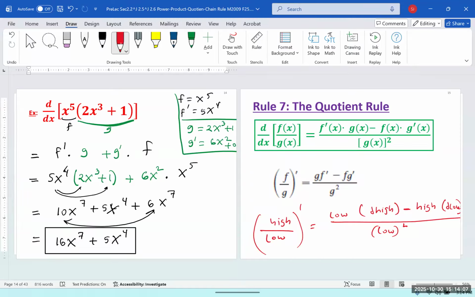The denominator times the numerator derivative minus numerator times the denominator derivative divided by the denominator square. What was low and high? Low means the denominator, high means the numerator. So it's a nice expression. I see many students, they don't remember the rule, but they remember this expression.